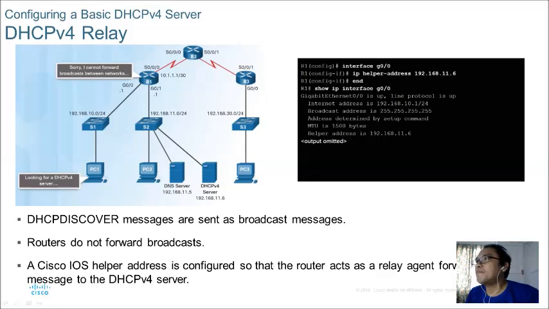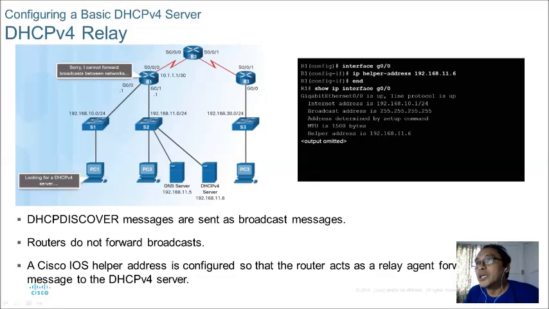Now, if this is your router, and that is the DHCP, basically it cannot give IP addresses here. So in this instance, at G0/0, all you have to do is put the ip helper-address pointing to that particular router or that particular port.